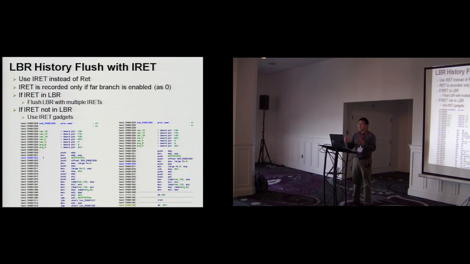But for IRET, the interrupts could happen at any place, and you cannot control that. So if the LBR records the IRET, you can do lots of IRET-based flushes, and the LBR is gone. If it doesn't, you can directly use the IRET gadget. The LBR will not catch that if you didn't enable it. So that's some new part. Today people talk a lot about ROP and maybe JOP and COP, but I haven't seen people use the IRET-based gadget yet. This one will be very powerful in the future.